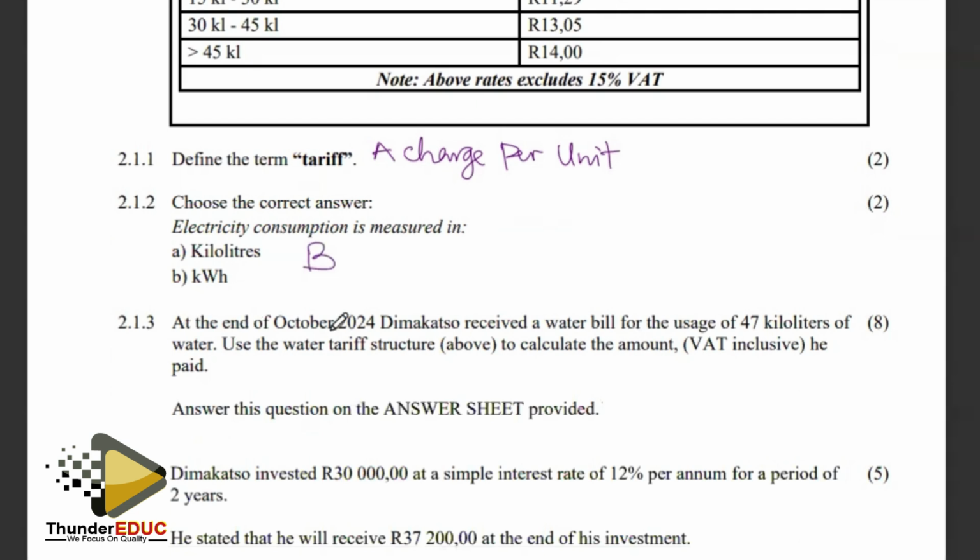At the end of October 2024, the market received a water bill for usage of 47 kiloliters of water. Use the water tariff structure above to calculate the amount, VAT inclusive, he paid.